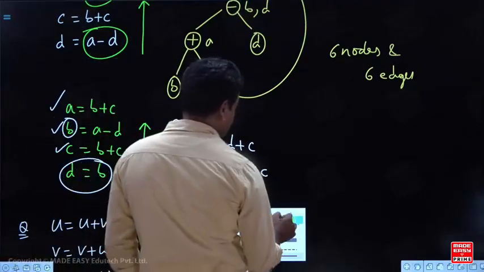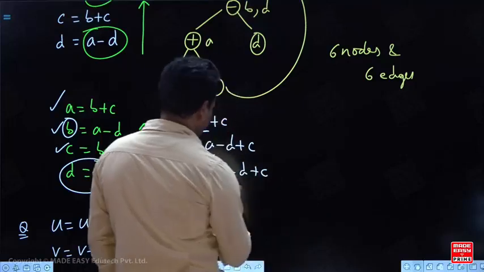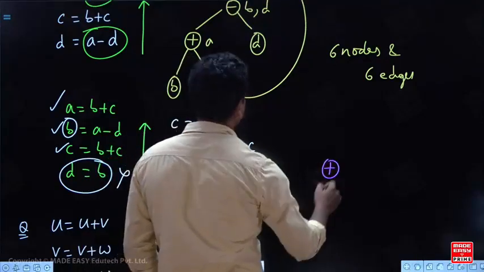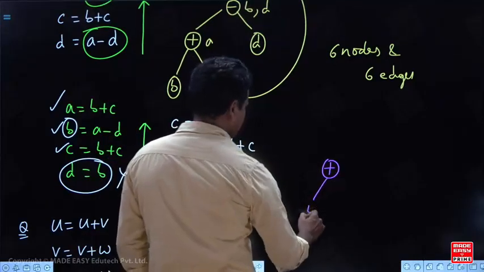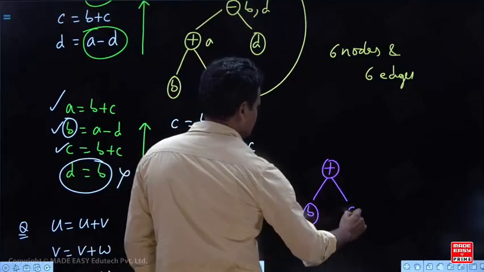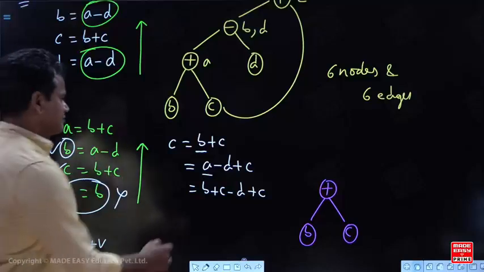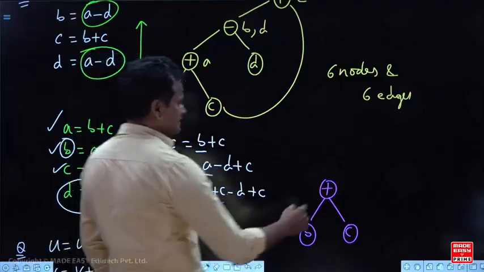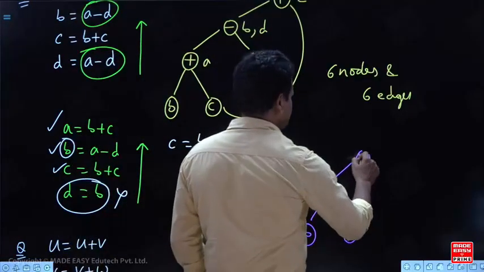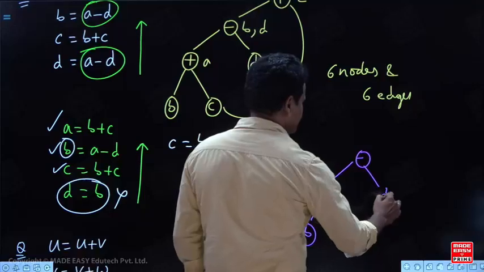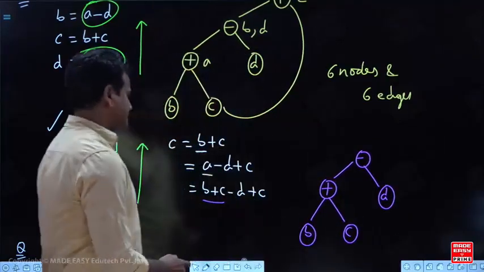Construct it. B plus C, yes, it is right. Then minus D. Take the minus, and D is not there, then create it. Okay, it is done.